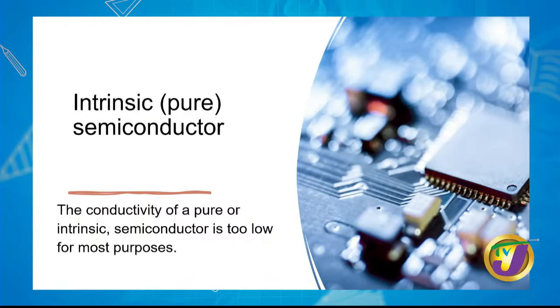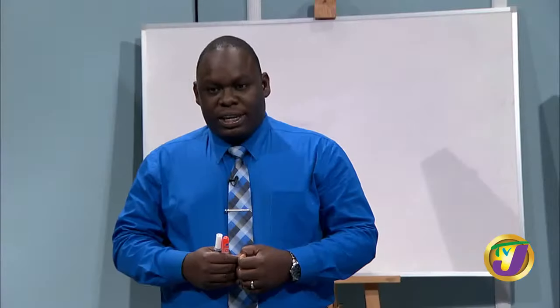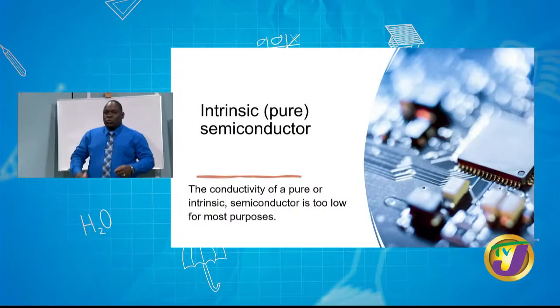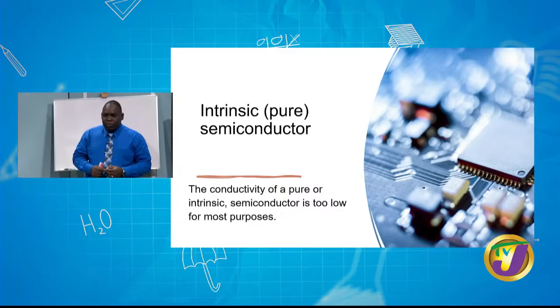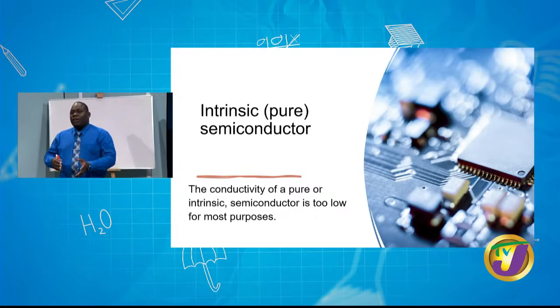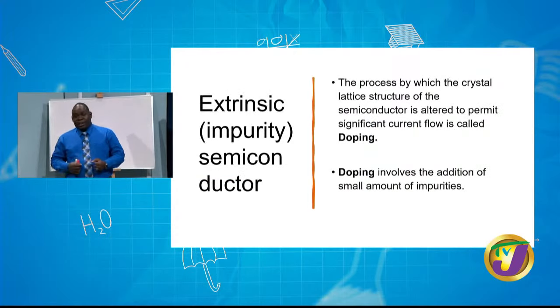Now, this is what happens in an intrinsic semiconductor. But as we mentioned to you, there's a big problem when it comes to the intrinsic semiconductor. The conductivity is too low for most purposes. So it's hard to work with. We can't really do much with it. And that is the reason why now we have to move on to the next type of semiconductor that we have, which is the extrinsic semiconductor.